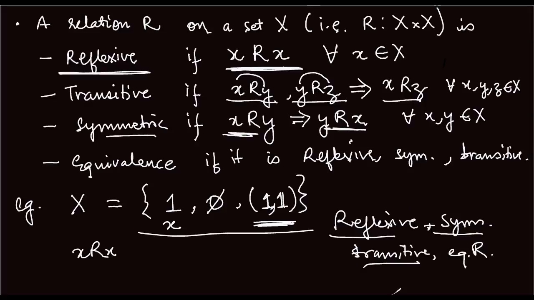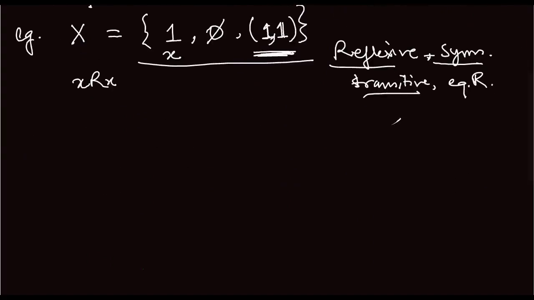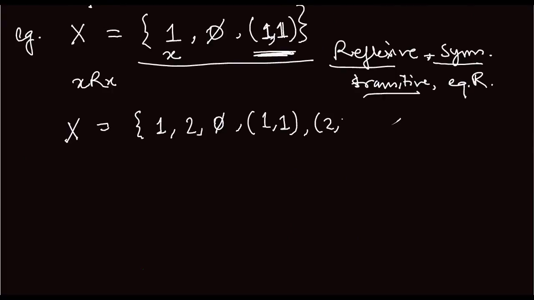Let's see one other example to make it clear. Let's say X is {1, 2, 5} and the relation is {(1, 1), (2, 2), (1, 2)}. Now xRx is present for each element. For 5, xRx is also present, and we have one other element, that doesn't matter.